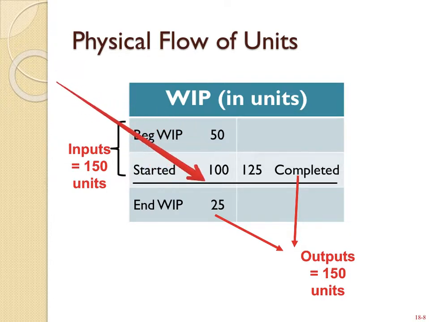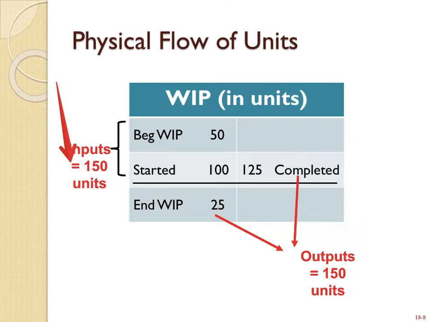These two together are your inputs, and if you add them together, that is 150 units. So you had 150 units, or 150 pens, in production during the current month.